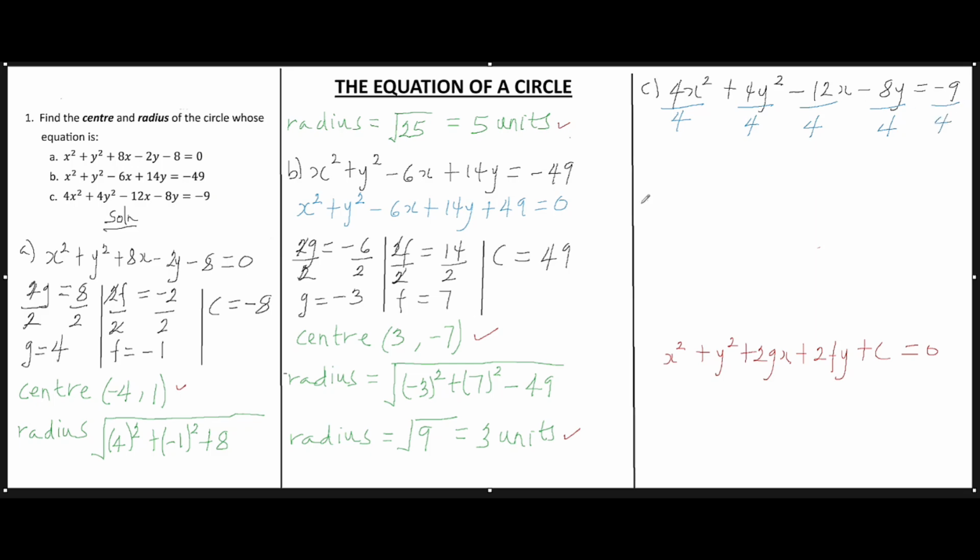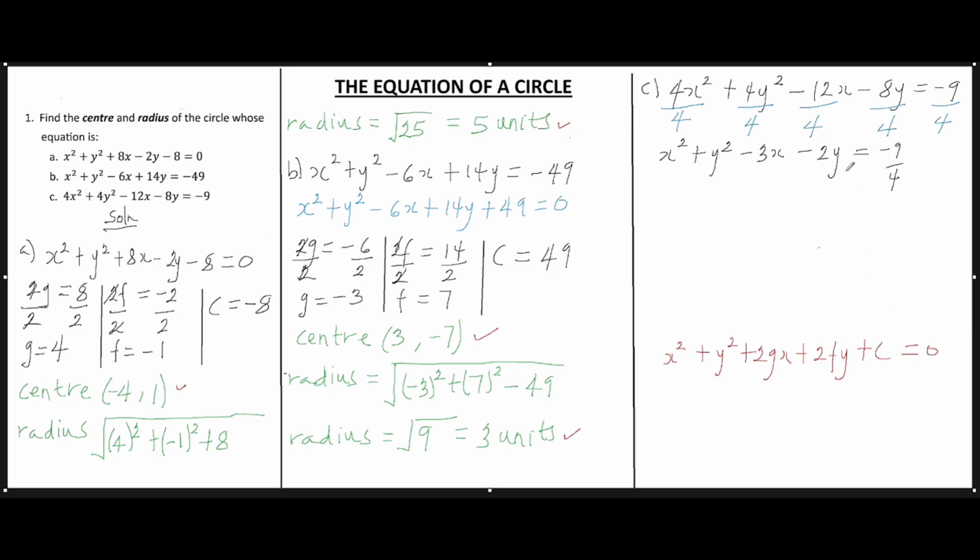So we have x squared plus y squared, then minus 12 on 4. That will give us minus 3x. We have minus 2y, and this must be equal to minus 9 on 4. Again, with the general equation of a circle, everything is equated to 0.